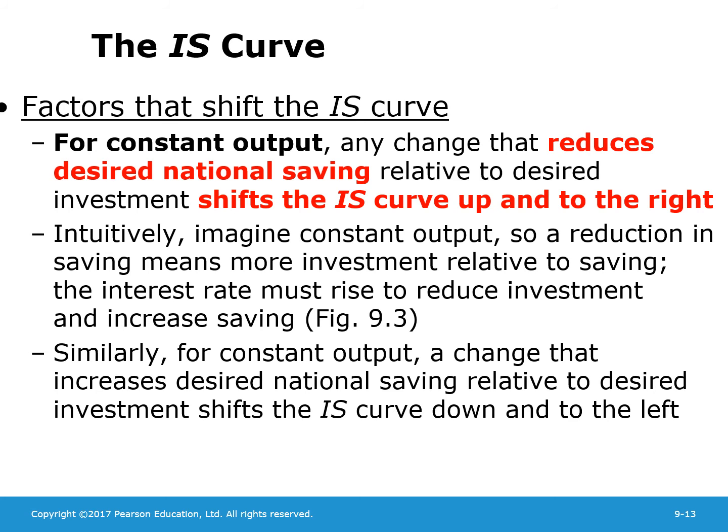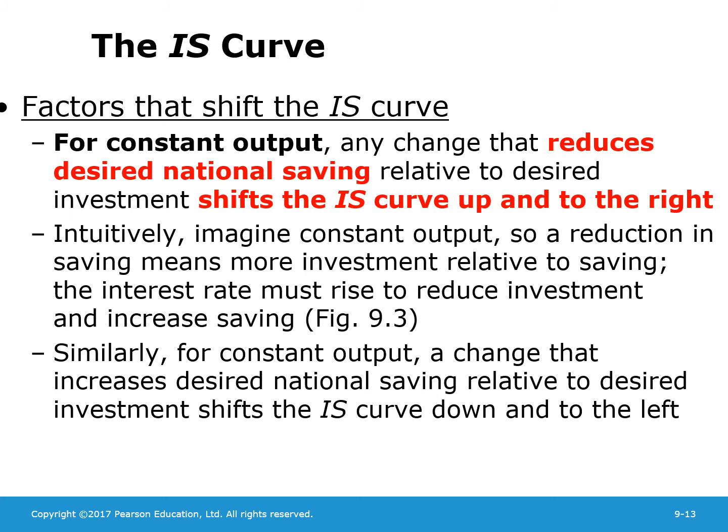Specifically, for constant output, any change that reduces desired national saving relative to desired investment shifts the IS curve up and to the right. So when does the IS curve shift up and to the right? When the factor we are talking about reduces desired national saving relative to desired investment.